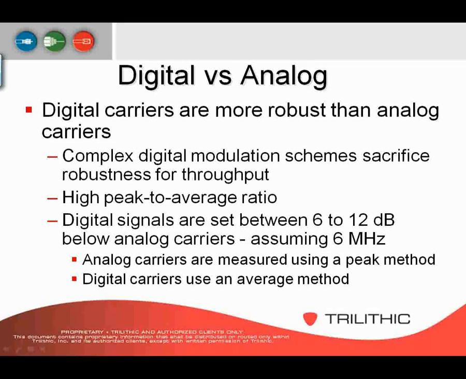And that's assuming that it's 6 megahertz channel spacing. Just remember, and I kind of said this earlier, that analog carriers are measured using a peak method, but digital carriers use an average method based off of the average power in that 6 megahertz bandwidth.